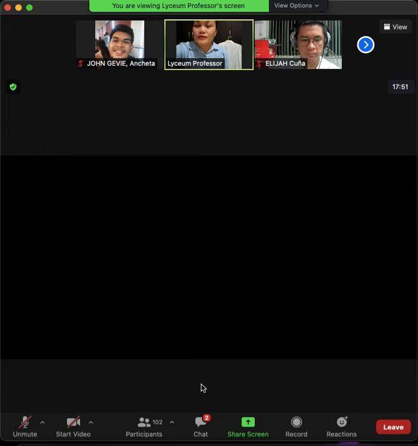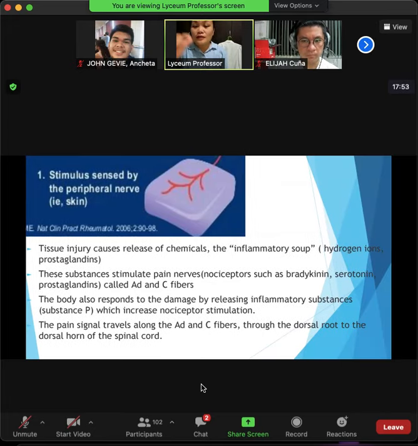Okay. So now, this is the more explained pathway. When you have the stimulus or injury, it will cause release of chemicals such as hydrogen ions and prostaglandins, and these substances stimulate pain nerves such as nociceptors, which are bradykinin, serotonin, prostaglandin, through your A delta and C fibers.